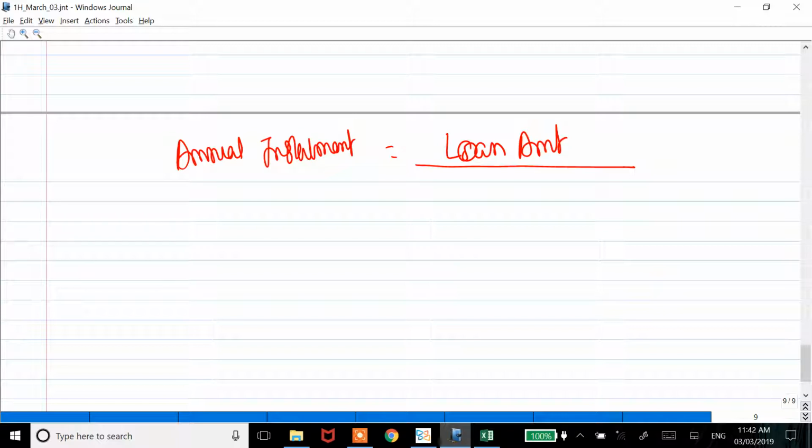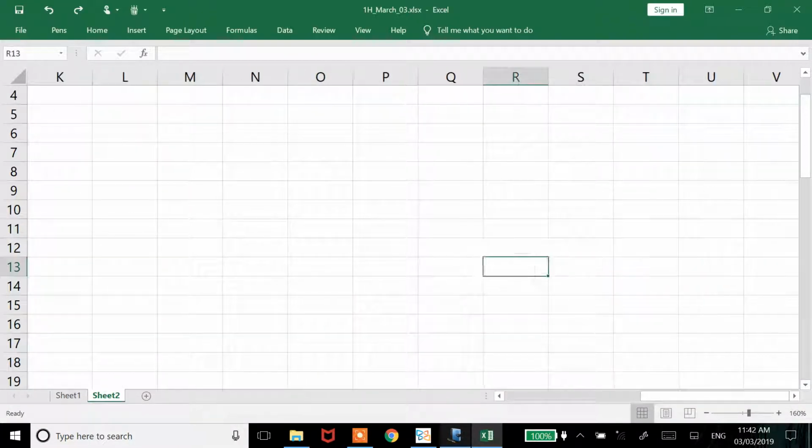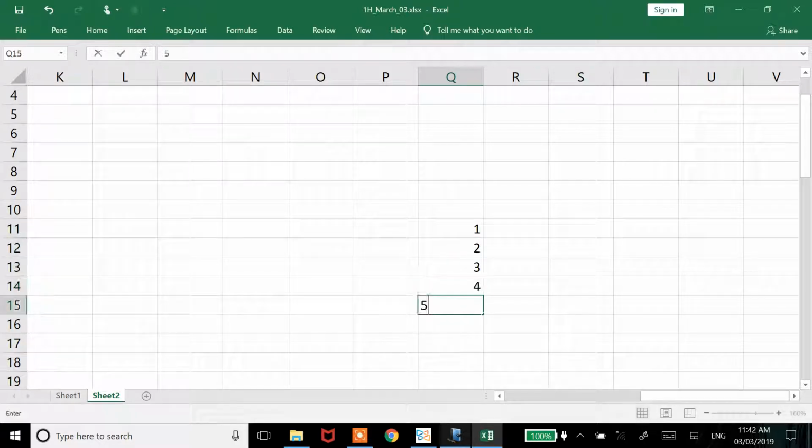How are the repayments happening? At the beginning of the year. When you do repayment at the end of the year, you add the factor for 1, 2, 3, 4 and 5 year. If you do it at the beginning of the year, you need to add it for 0, 1, 2, 3, 4. So it's a 4-year annuity factor plus 1 to it. If you are paying at the end of the year, it's a 5-year annuity factor. If you are paying at the beginning of the year, it's a 4-year annuity factor plus 1. Why plus 1? Because for year 0, it's going to be 1.